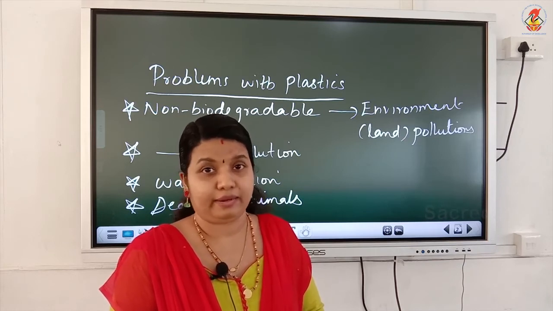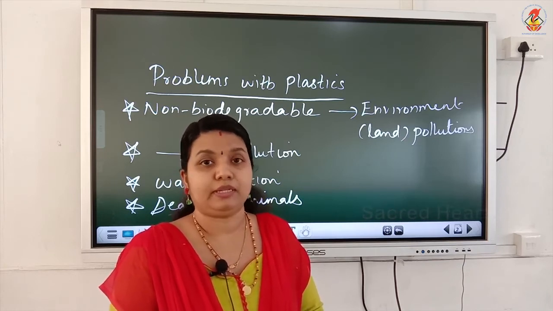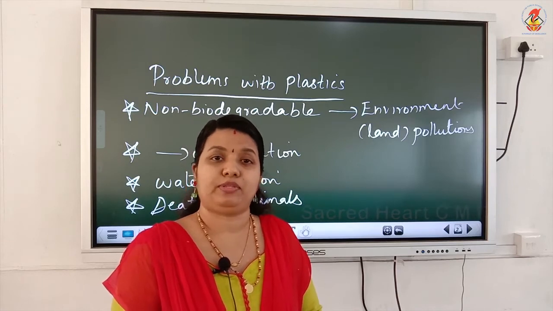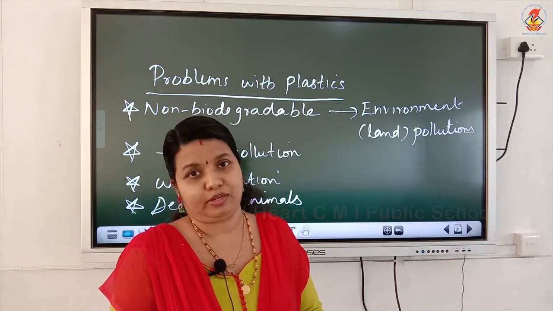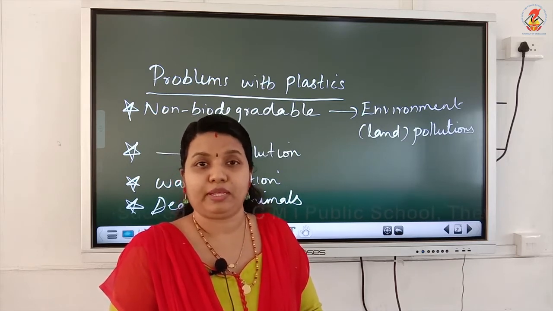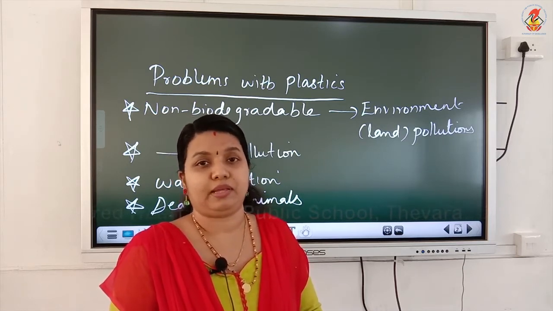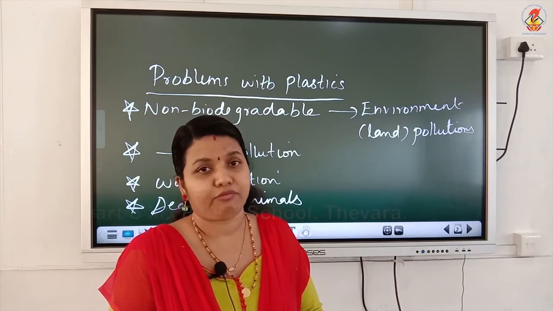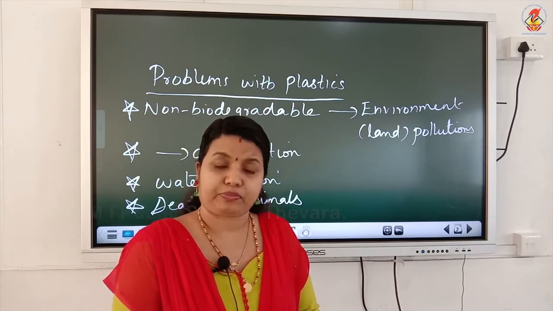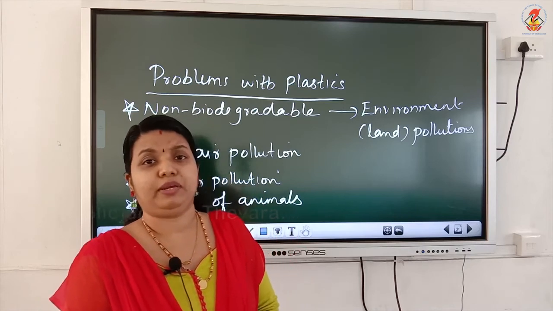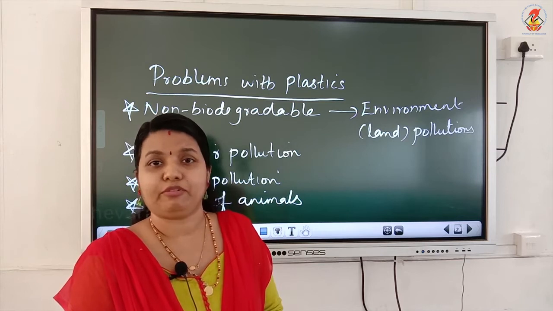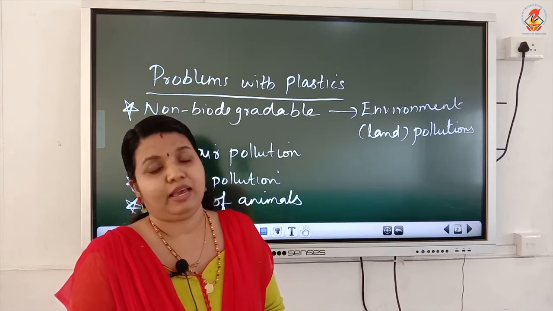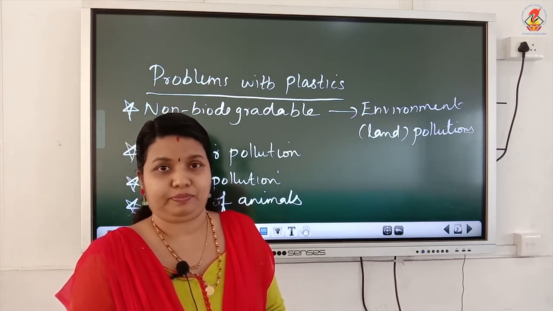It causes land pollution. When burned, plastics release a lot of poisonous fumes into the atmospheric air, leading to air pollution. If thrown into water bodies, plastics reduce the oxygen dissolving capacity of water and do not allow sunlight to enter deep into water, thereby affecting the life of aquatic plants and animals and causing water pollution.